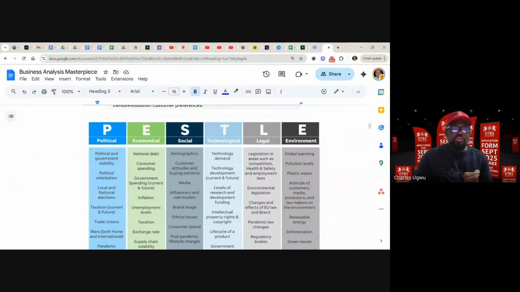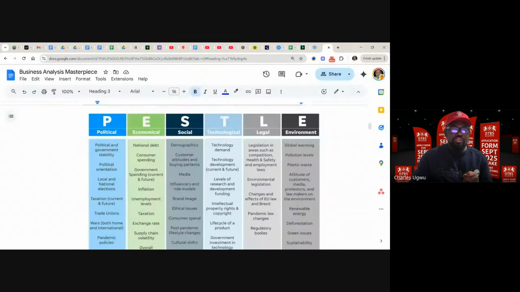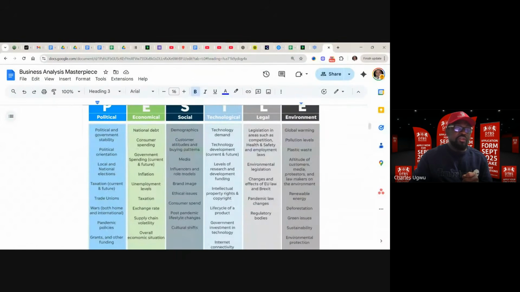Then if you come to social factors like demographics, we have customer attitude and buying pattern, media effects, influencers, and of course, everything in social media, social factors here are almost going to be favorable, but we need to understand how they are favorable or unfavorable to us.